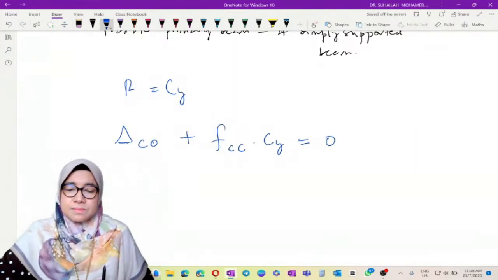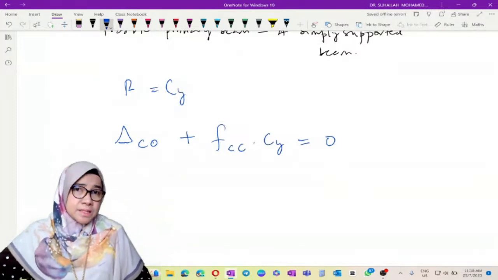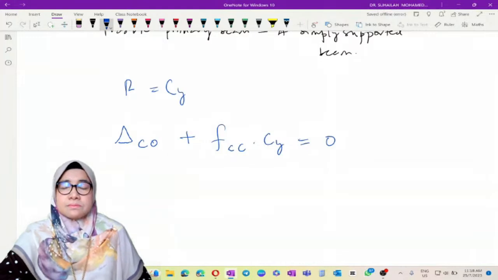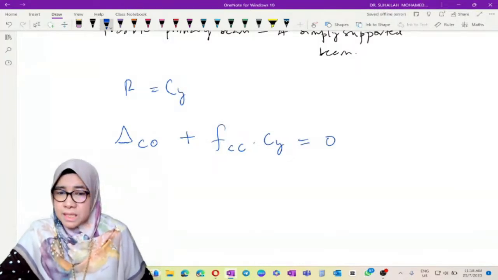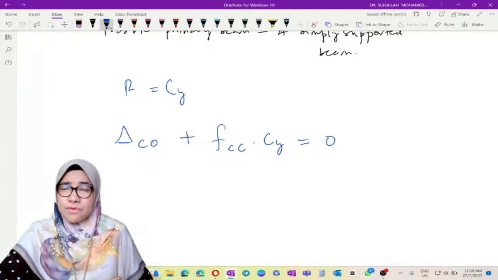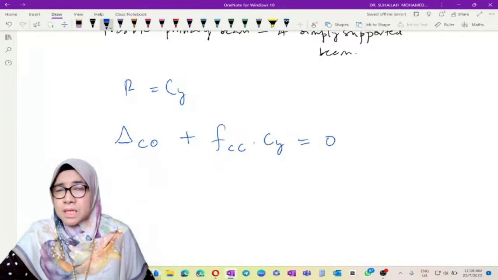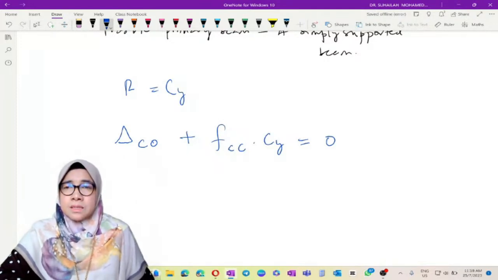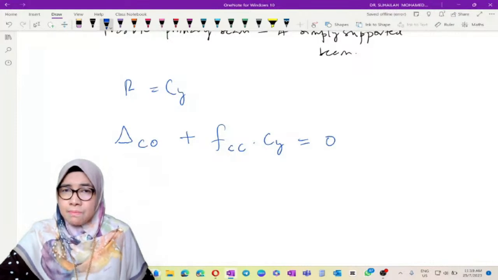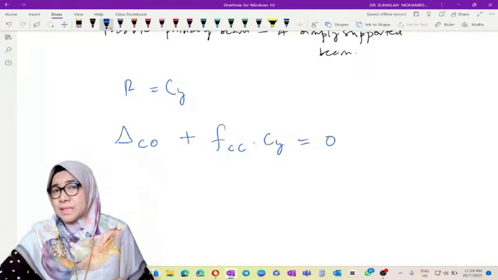So the redundant is CY, and we have to focus at C. The delta in the primary beam is delta C naught. The delta in the redundant beam is FCC times CY.